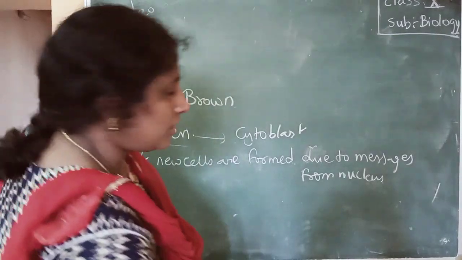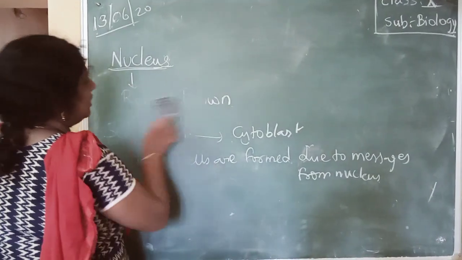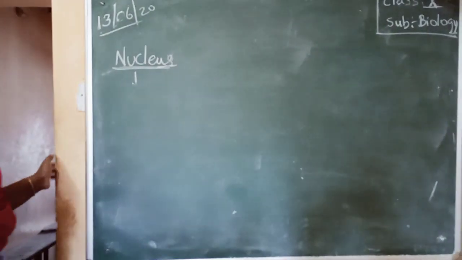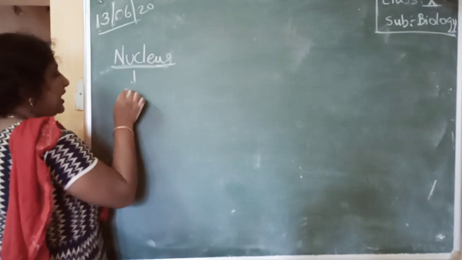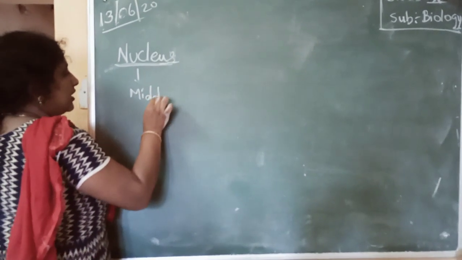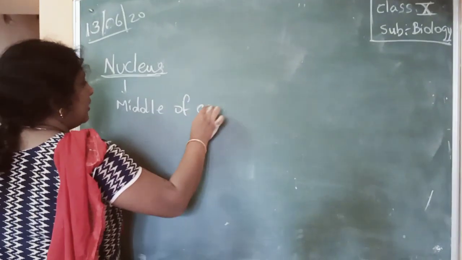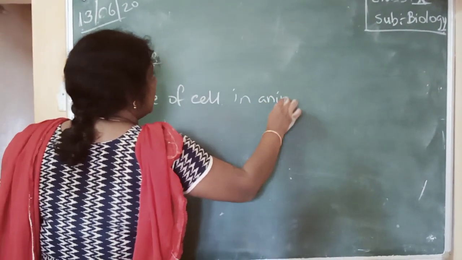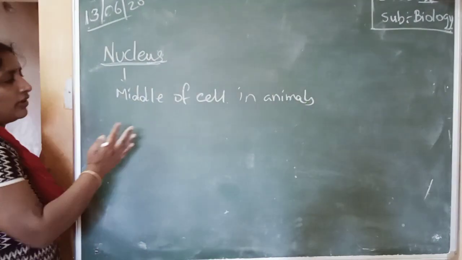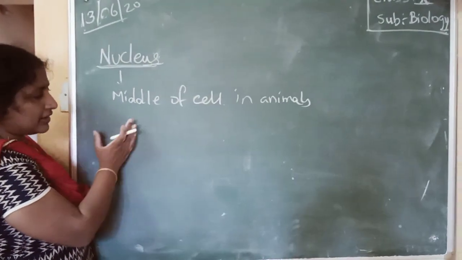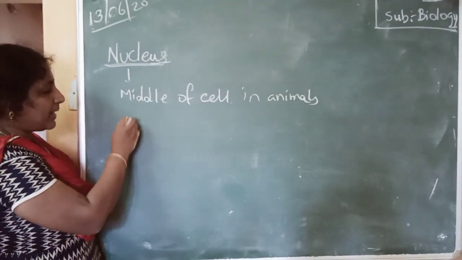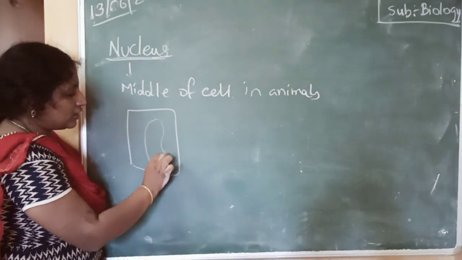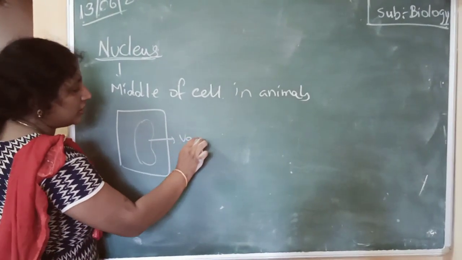Now, we will see the structure of the nucleus. The nucleus is generally present in the middle of the cell, mostly in the middle in animals. In plants, it is present to one corner or at the side, because in the plant cell, most of the space is occupied by the vacuole.